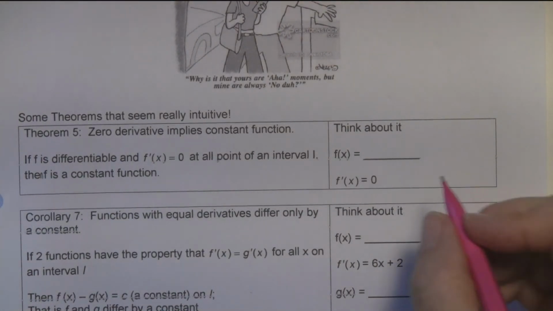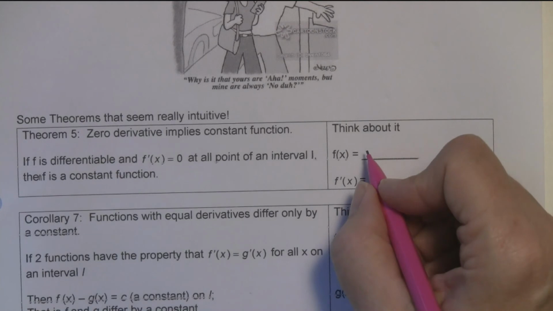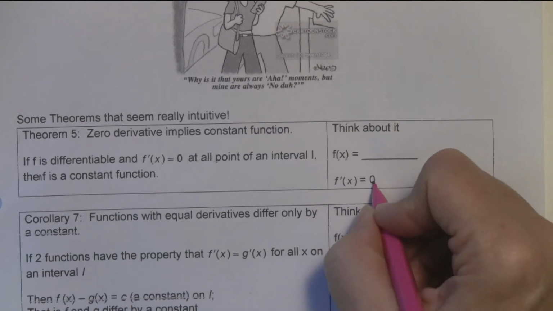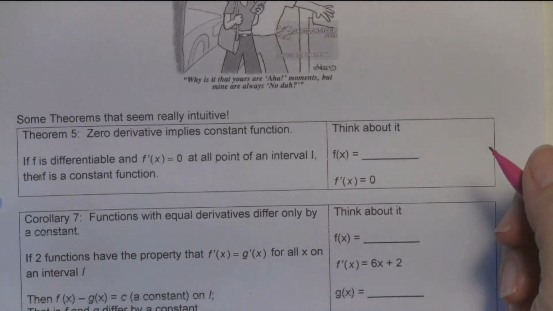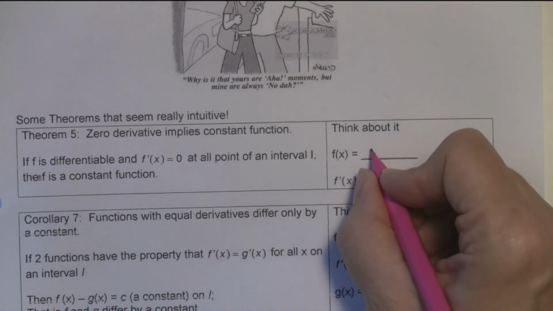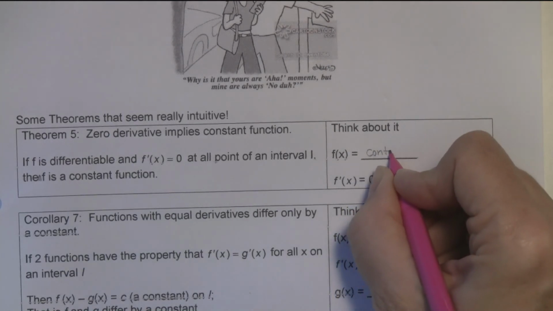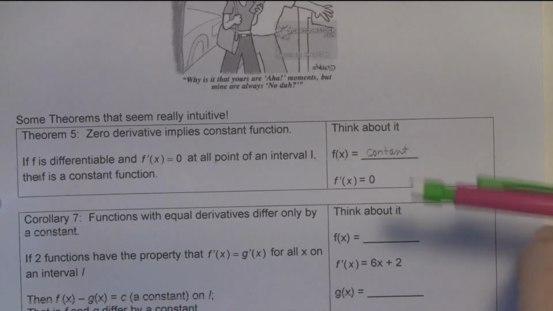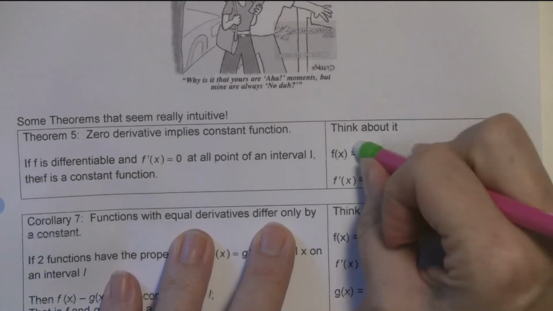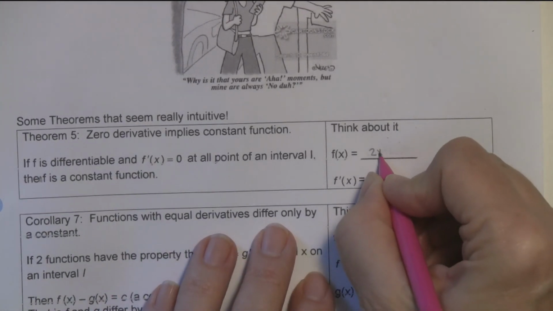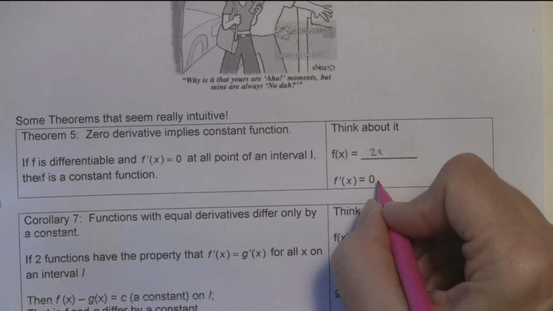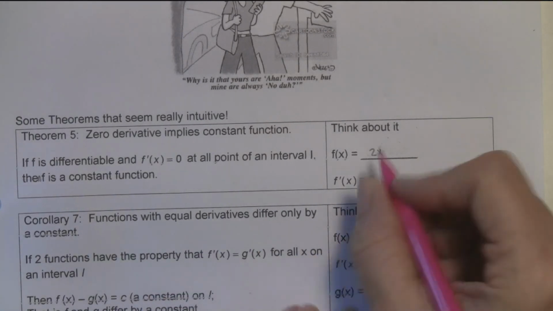And so what can you have here that when you take the derivative of it, you get equal to 0 for every value of x. And so if you just kind of think about it, it has to be constant, right? You could put in some things just to see if it would be true. Like if I had 2x, then the derivative would be 2, right? It wouldn't be 0.